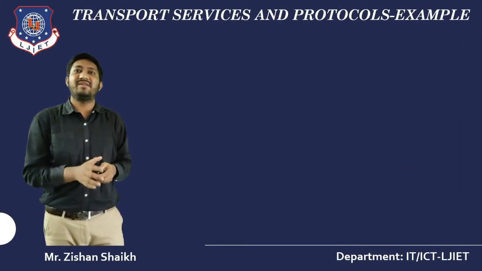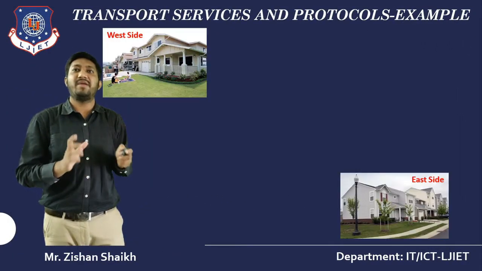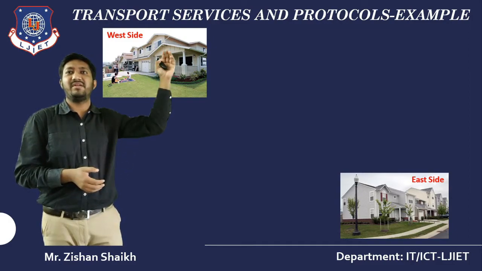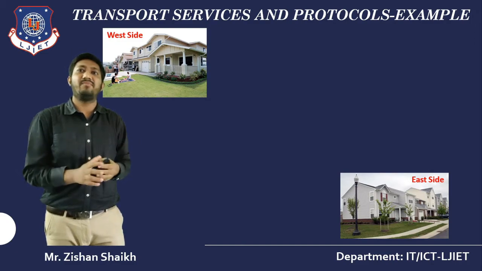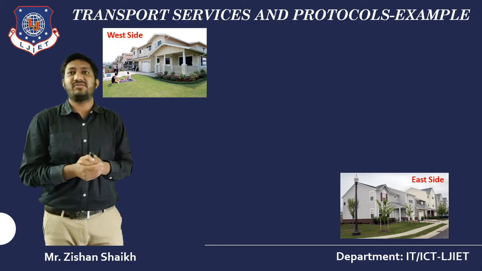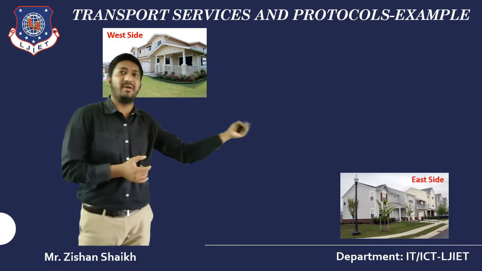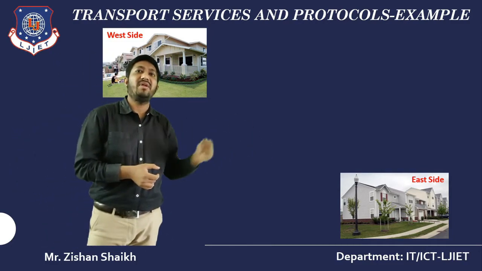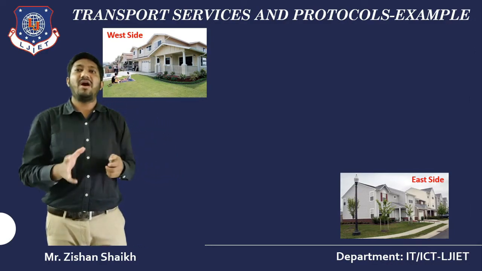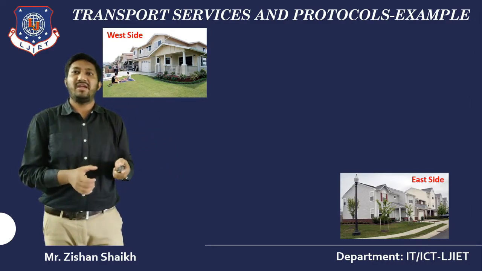Now we will see all this terminology with a real-time example. Let's understand. One group of children are moving during the vacation from one house to another house. The first is known as the west side, the second is the east side. Now, how do we understand this with our analogy?